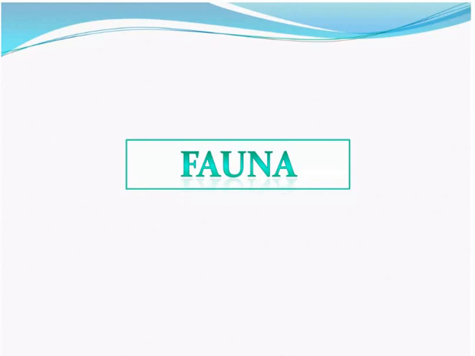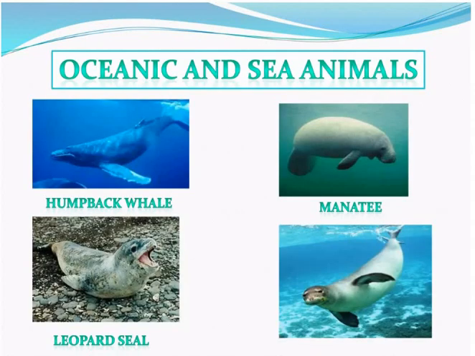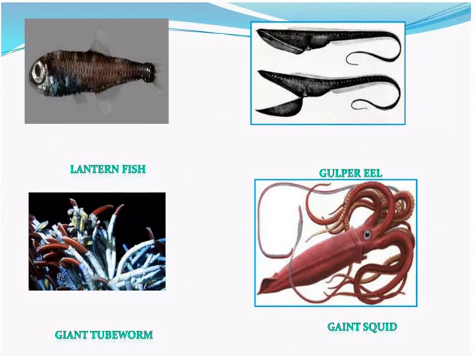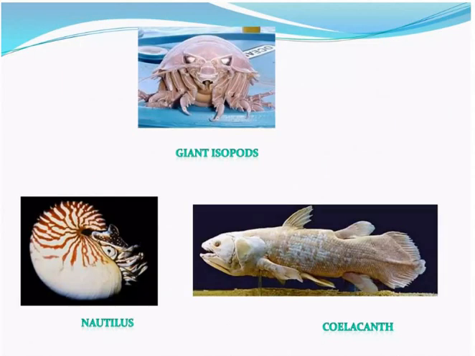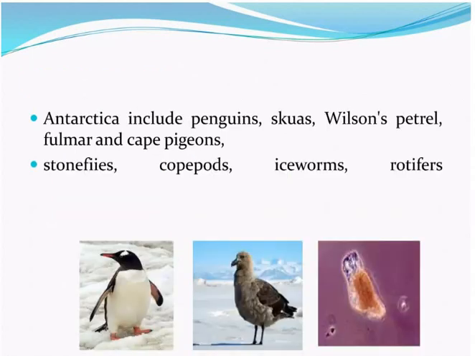Now fauna. What is the meaning of fauna? You can see the viperfish, vampire squid, and other animals. Oceanic and sea animals. Look at here. Ice glacier, microbes, polar bear, seal, storm petrels, and Arctic tern, snow fleas, and reindeer.